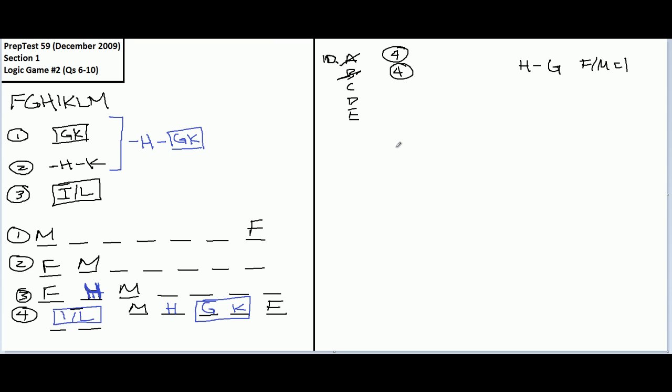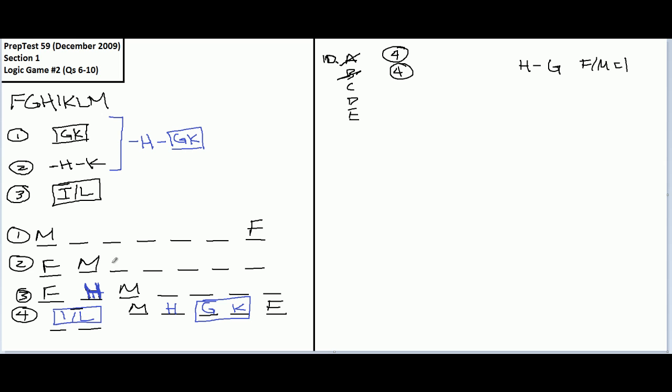How about D? Unless H is 2nd, it must be somewhere between M and G. So unless H is 2nd, so if we're in world number 3, this rule doesn't apply. But if H is not 2nd, then it must be between M and G. And again, this one seems like something that probably should be true all the time.